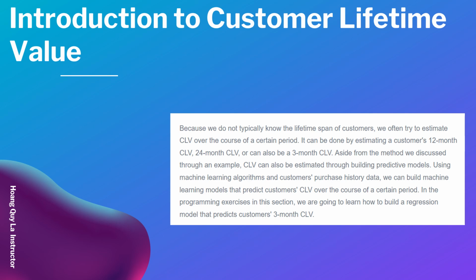Aside from the method we discussed through an example, CLV can also be estimated through building predictive models. Using a machine learning algorithm and the customer purchase history data, we can build machine learning models that predict customer CLV over the course of a certain period. In the programming exercise in this section, we are going to learn how to build a regression model that predicts 3-month CLV.